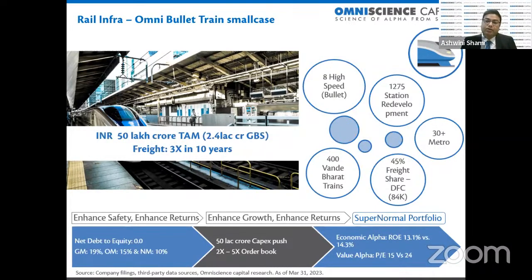The third sub-growth vector is station redevelopment. A separate company has been formed, which is basically a partnership of the Railway Land Development Authority and some other companies. The government has planned around 1,275 stations to be redeveloped in the next few years.